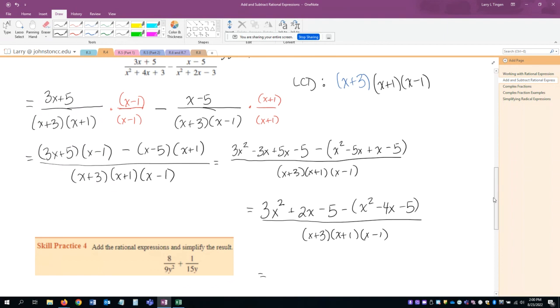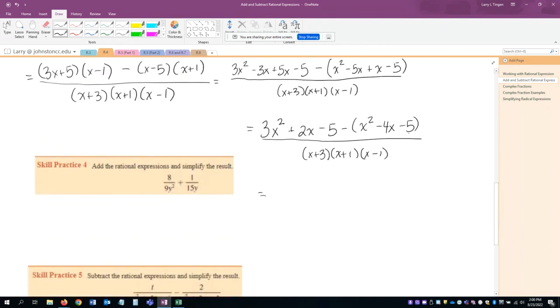Now, next step. Notice I keep writing that second trinomial in parentheses. That's because this subtraction applies to the result of x minus 5 times x plus 1. So that means this needs to be distributed to each term. So what do I have now?